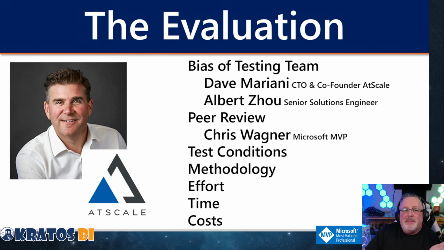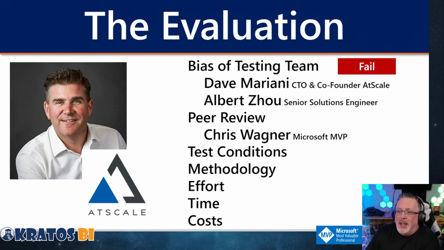So if we think about it, this was something that was funded by AtScale, right? So it was run by Dave Mariani and Albert Zhu. The bias of the testing team is going to definitely be there. So, we're going to have to fail that portion of it because, inherently, that's just part of it, right? It wasn't a third party doing this.